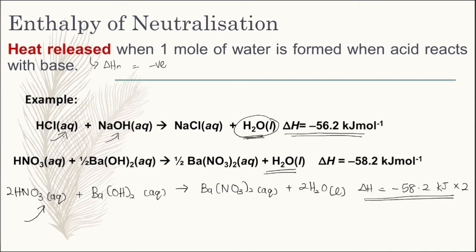You have to multiply the value of enthalpy for 1 mole of water by 2. So you have to be careful when balancing the equation according to the definition. When the definition says that the enthalpy of neutralization is heat released when 1 mole of water is formed when acid reacts with base, you have to balance the equation in a way that you will get 1 mole of water at the end of the reaction.